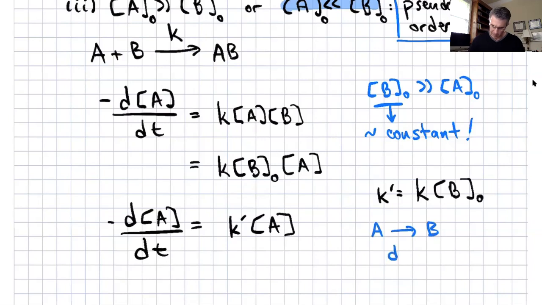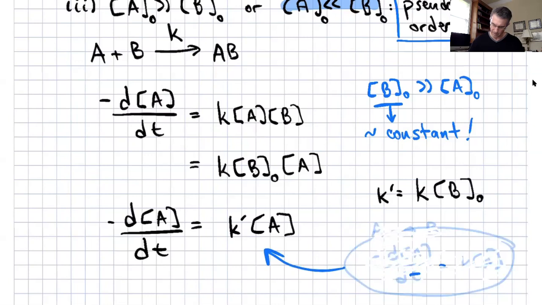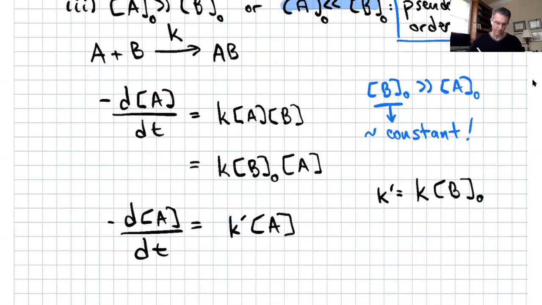That was minus d concentration of A dt is just equal to K concentration of A. The mathematical form of that expression is exactly the same, which means the solution of this rate equation to find the rate law is exactly the same as we used before, right?